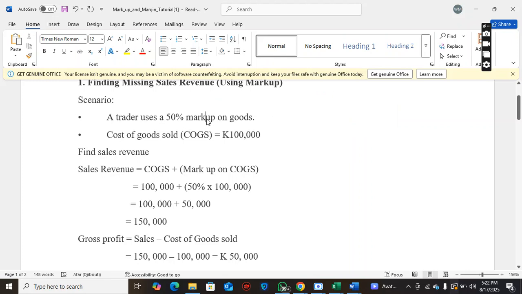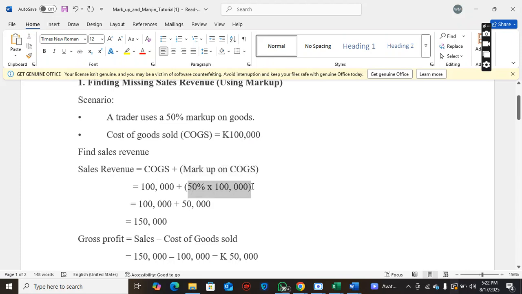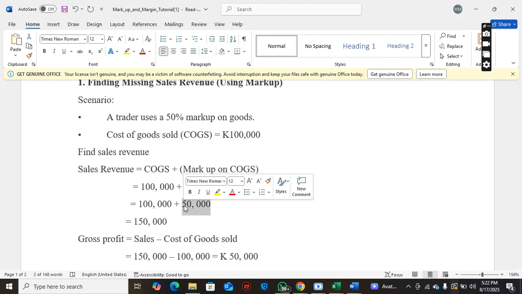So if we want to determine our sales revenue, selling price, you just add your cost of goods sold plus the markup times cost of goods sold. Once you do that, as we did here, 50% times 100,000, we got 50,000. So this 50,000 is this extra cost that we're putting to the cost price so that we determine the sales.